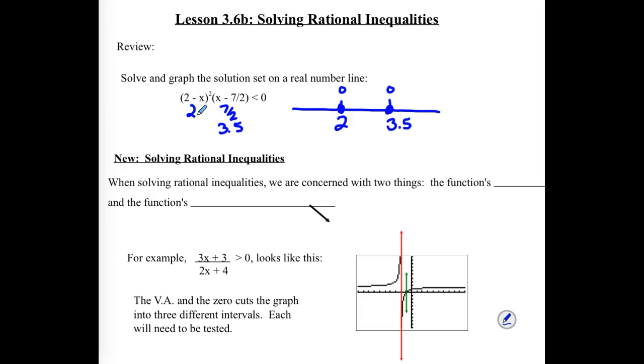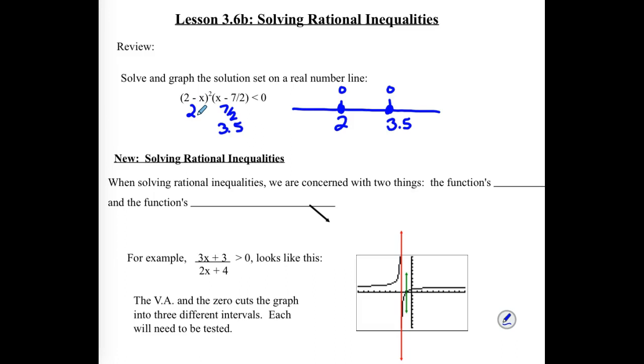Then what did we do? If we were solving it algebraically, what did we do? Okay, so we had to test a point in each interval.